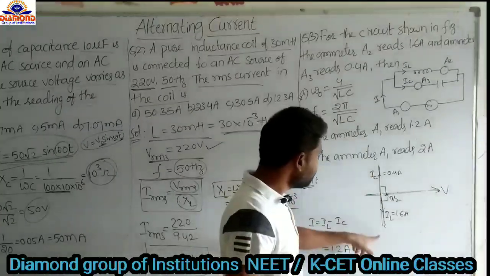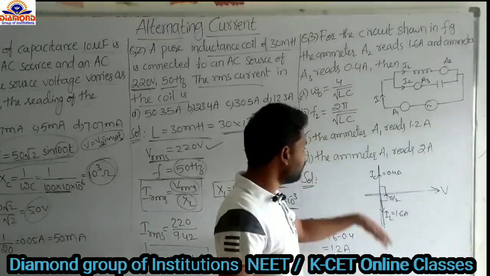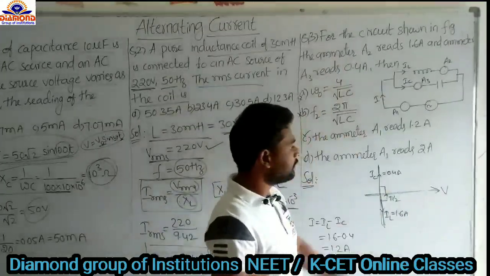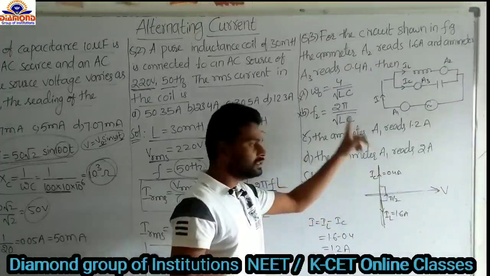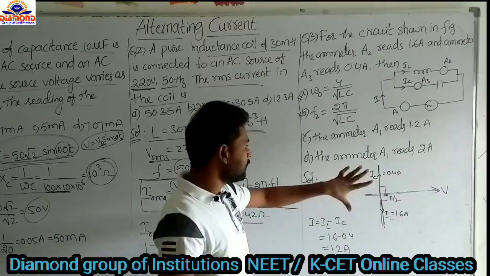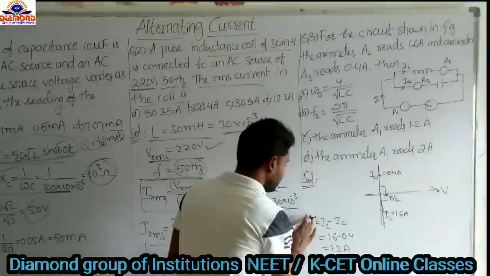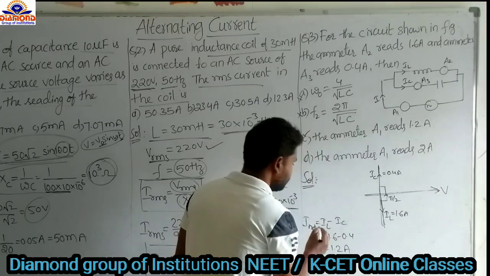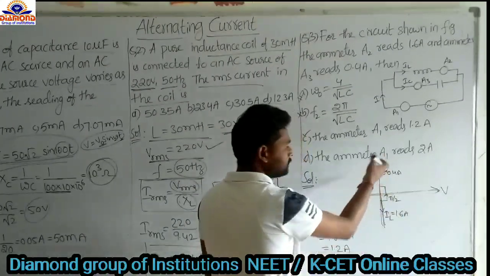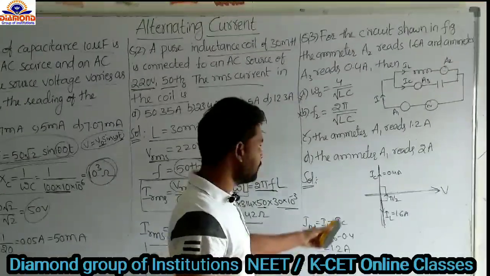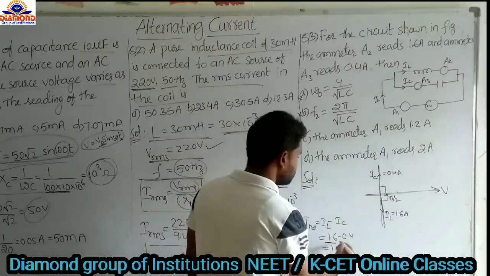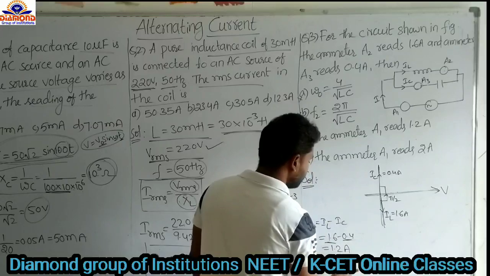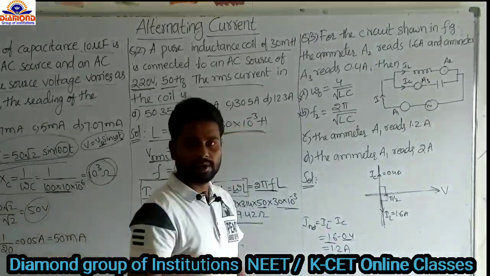Now see here, IL is on the negative y-axis and IC is on the positive y-axis. The net current equals IL minus IC, we subtract, taking the side which is more. IL value is 1.6, IC value is 0.4, so the net current equals 1.2 amperes.